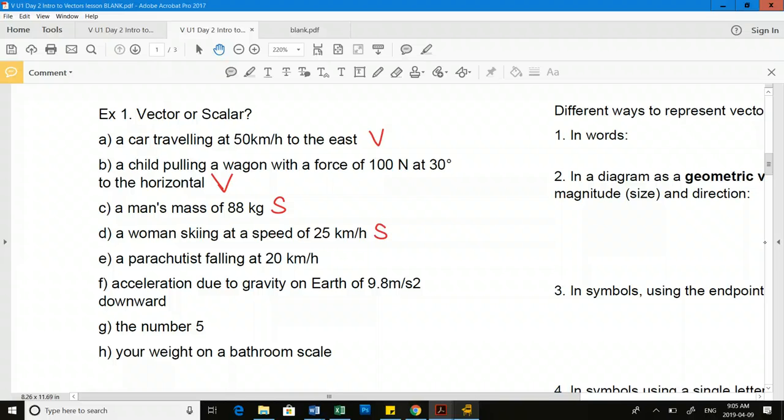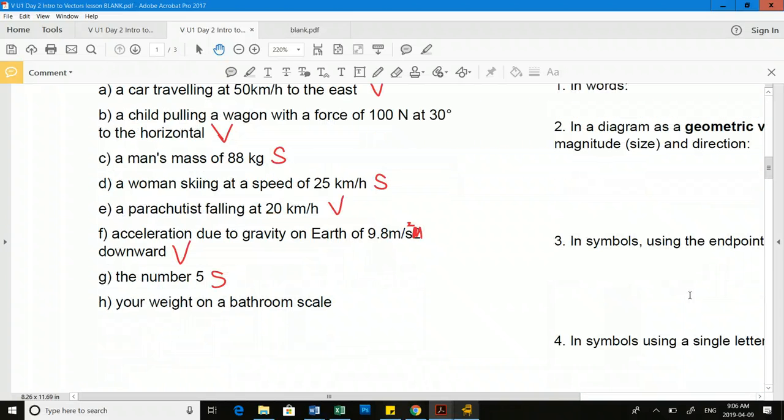Lovely. E. A parachutist falling at 20 kilometers per hour. Vector. F. Acceleration due to gravity. Sorry, this should be squared. This is a vector for sure. G. The number 5, scalar. H. Your weight on a bathroom scale. Vector. This is a tricky one. This one's actually a vector, and weight is actually force due to gravity.